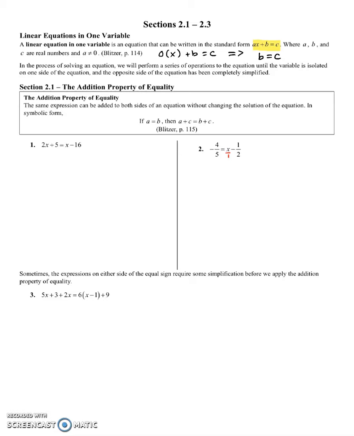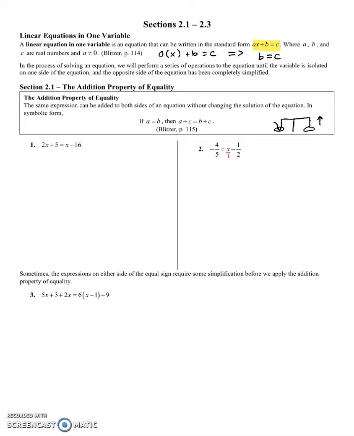So I like to think of it this way. If I have a scale, y'all can make fun of my drawing if you want, I do all the time. Okay, if I add weight to that side, then this side goes up, correct?